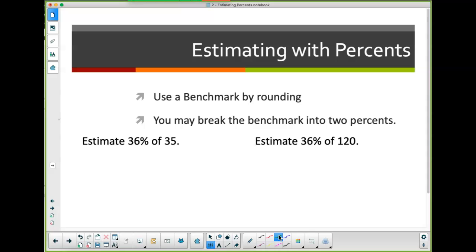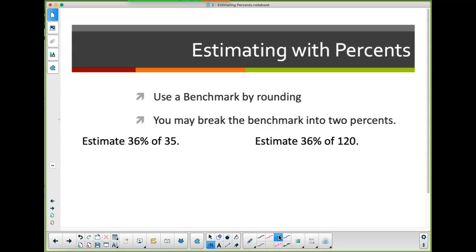So we can use a benchmark, or you could break it into a couple percents. I'm going to show you both. I want to estimate 36% of 35. Let's look at our benchmarks. So using this table, 36% is close to what percent on that table?